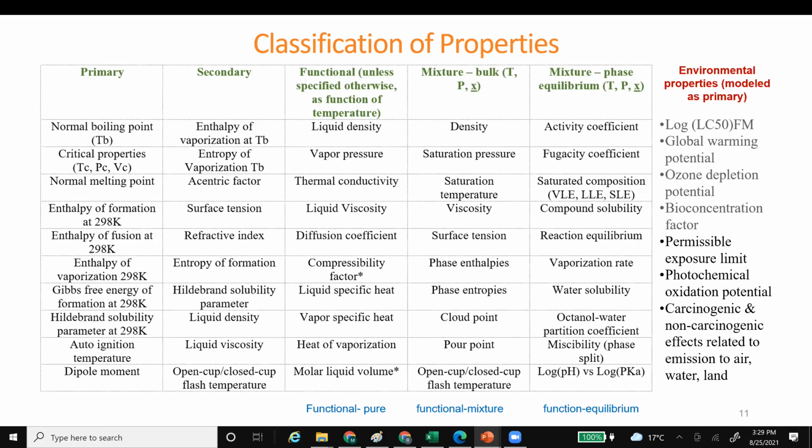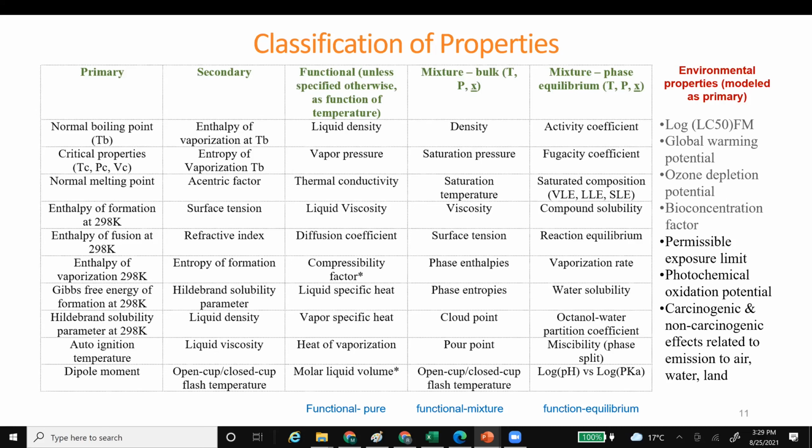The composition may not be fixed, but composition, pressure, and temperature may change, and we want to know the property of that mixture. So just like the pure liquid density, it will be a mixture liquid density. Just like a pure vapor pressure, it will be a saturated pressure of the mixture.